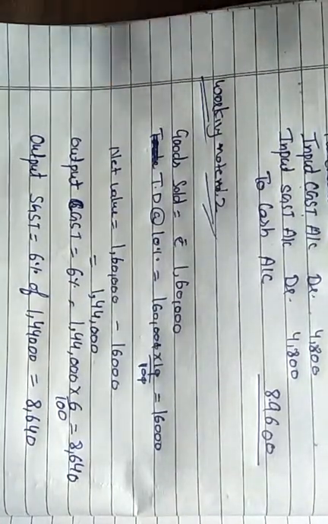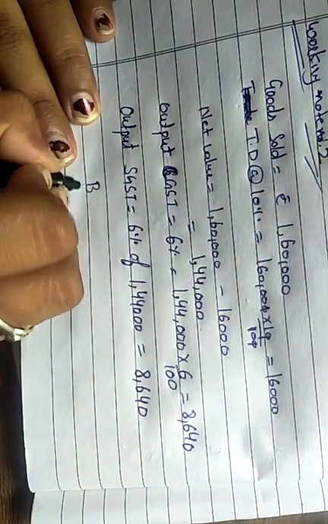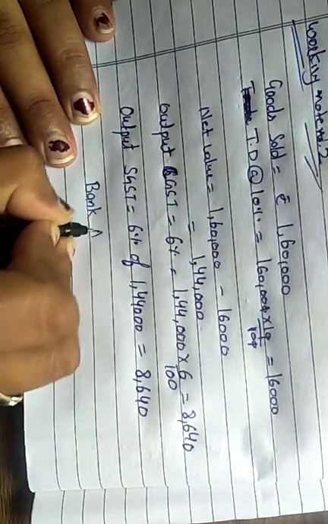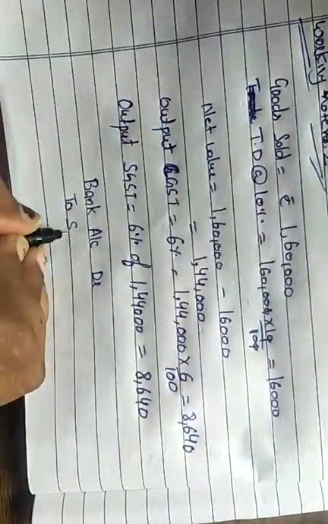8,640. Okay, now students, the journal entry is, now check is received. The journal entry is bank account debit to sales account.